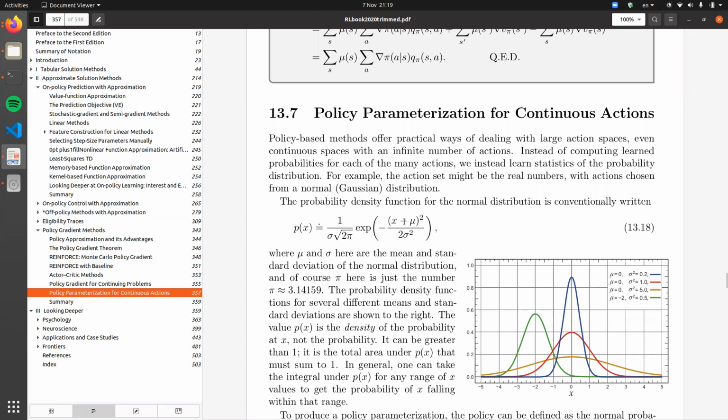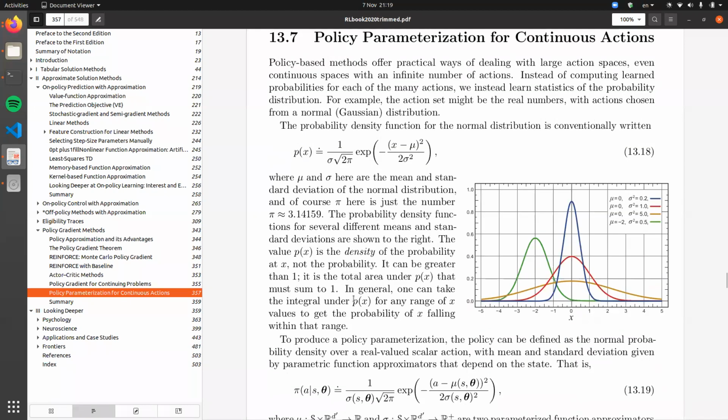For example, we can use a simple Gaussian distribution as a distribution over actions, and we will need to output a vector of means and the standard deviation for that distribution.